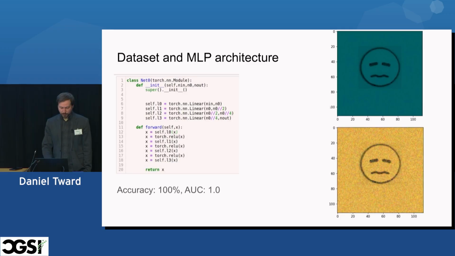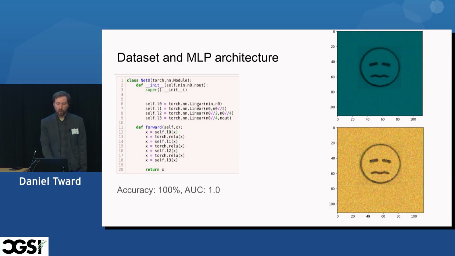The first very straightforward deep learning architecture we can apply here is just a multi-layer perceptron. A multi-layer perceptron is a sequence of linear transformations followed by pointwise nonlinearities. We apply them one after another. We make sure that the dimensions of the input and the output of each layer match up, and we get some kind of classification. On the left-hand side here is an example of a neural network coded in PyTorch to accomplish this classification task.